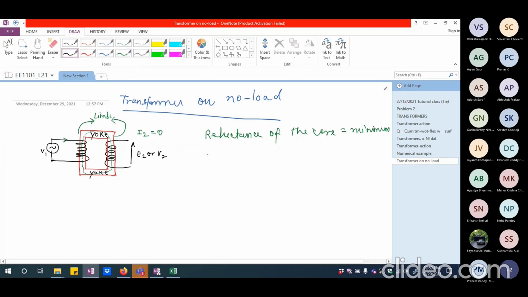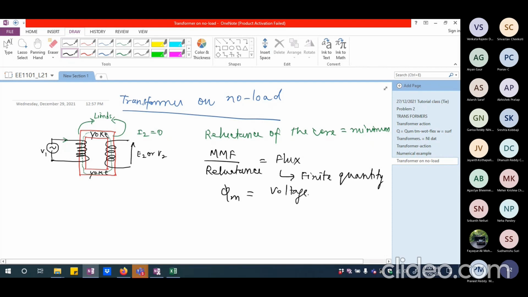So when I talk about MMF divided by reluctance equal to flux, what I need as flux is a finite quantity to induce a particular value of EMF, which is decided by this equation: phi m is equal to V1 or V2 divided by 4.44 times frequency and number of turns.